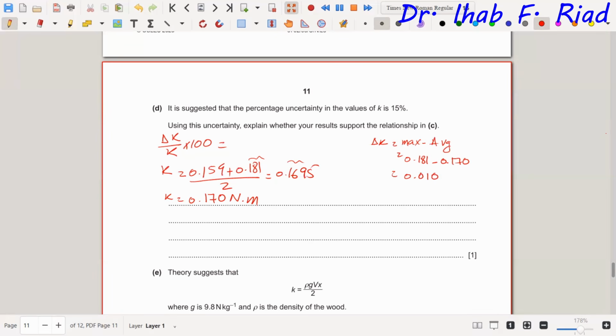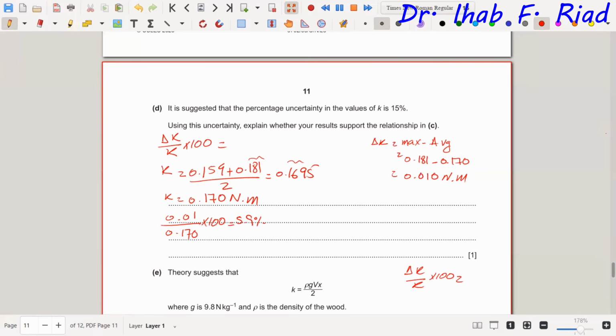Okay? Newton meters. So we calculate delta K divided by K times 100, which is 0.01 divided by 0.170 times 100. We get something like 5.9%.